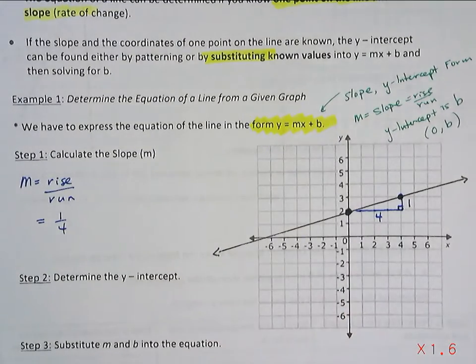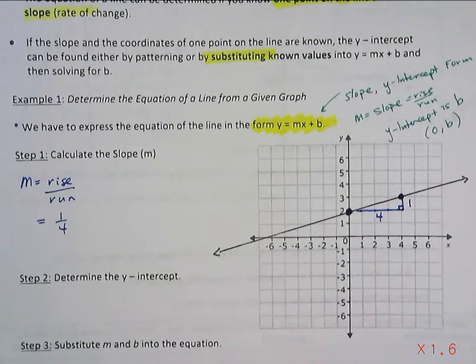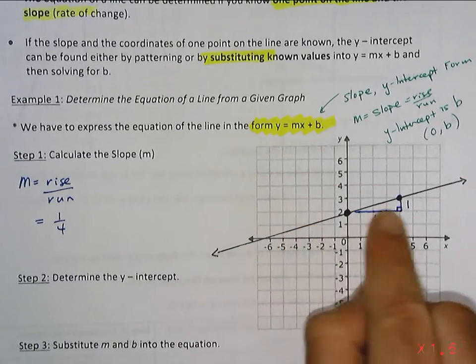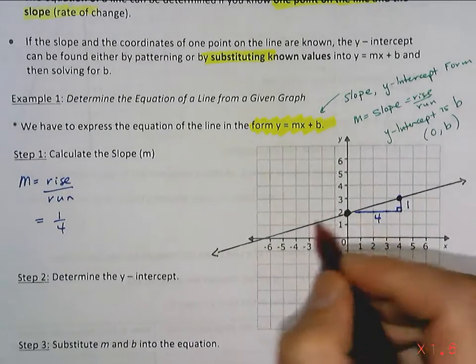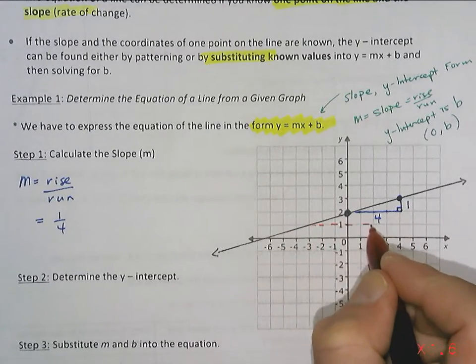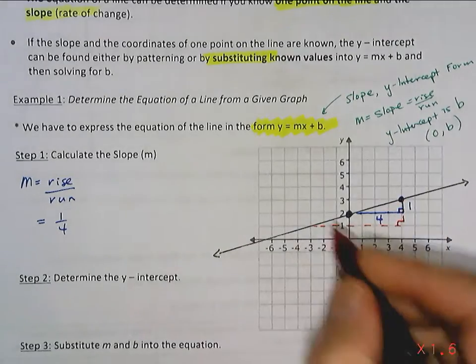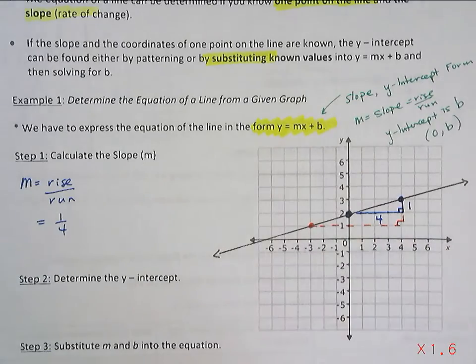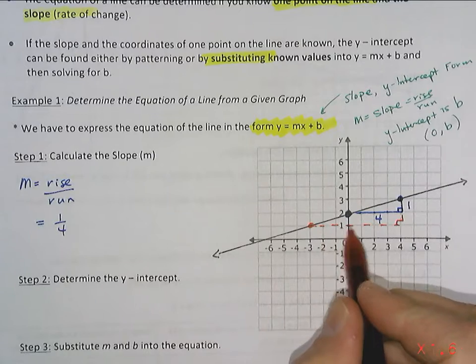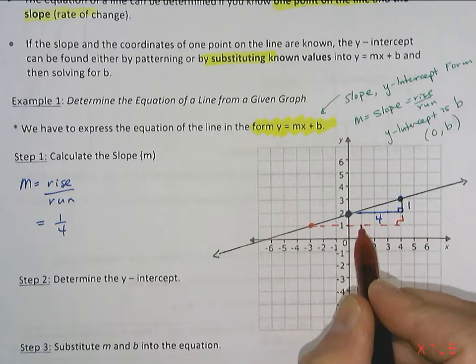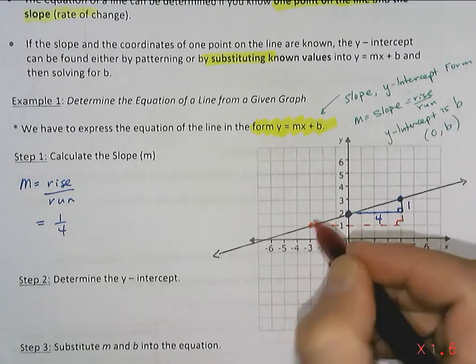The first thing I want to talk about is the fact that we could have used different points. Let's say I wanted to use this point and that point. So let's say I came like this. That is most certainly a different triangle. But if we look at it, I'm going to go 1, 2, 3, 4, 5, 6, 7. Does it go far enough? 1, 2, 3, 4, 5, 6, 7. Okay, let's not do that.